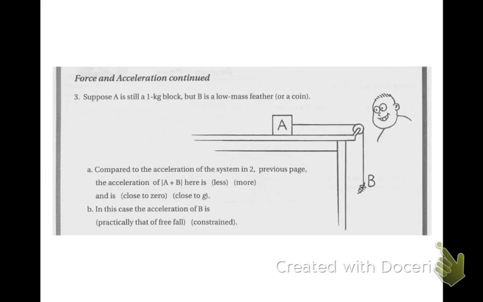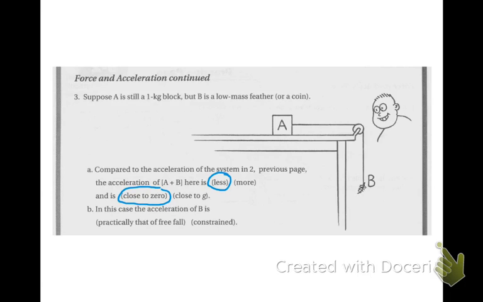So the acceleration here, because B has less mass, is going to be less. And is it going to move close to 0 or close to g itself? Well, because its mass is so small, the acceleration is going to be close to 0.